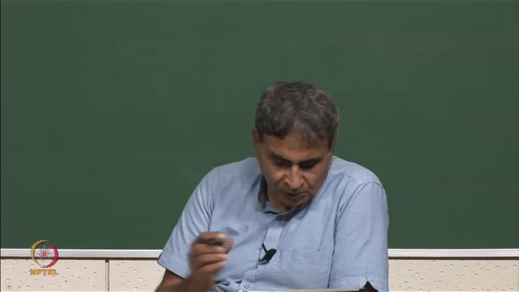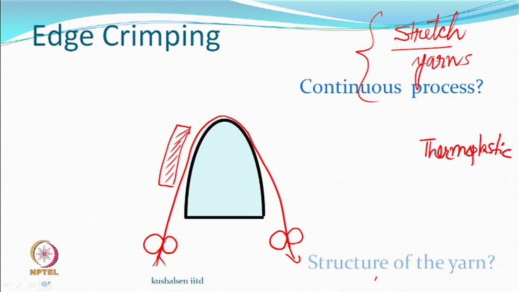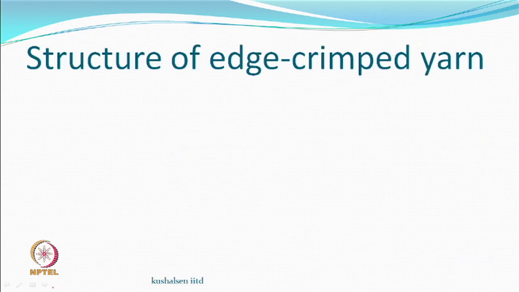Do you think it looks like a good idea or a bad idea? Good idea. The good idea part is that it appears to be a very simple process. You are just moving over an edge. So, a simple process is always a good idea. What kind of structure are we likely to get here?